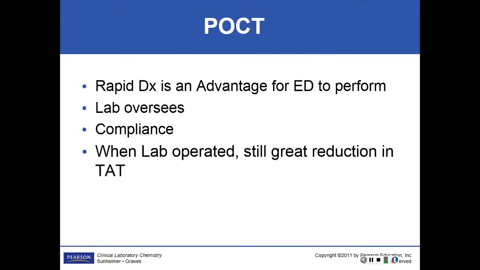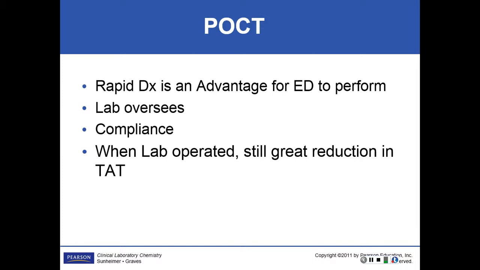Point of care is rapidly becoming an asset in our ERs because we can get diagnosis immediately. The lab still has to oversee it and follow the regulations, so the lab is responsible ultimately for monitoring and performance of these analyzers.